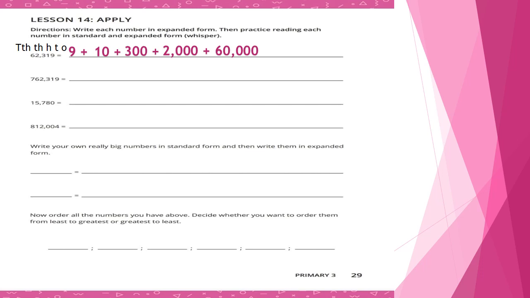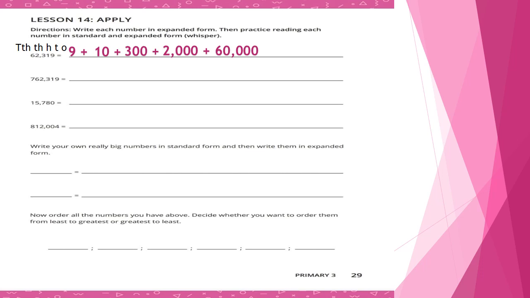But here we have 6 digits, so we will put 6 places: ones, tens, 100, 1,000, 10,000, 100,000. Okay. Here we have 9 in ones, so its value will be 9 as it is. And we have 1 in tens, its value will be 10, and we will put 0. It's like the previous number, okay?